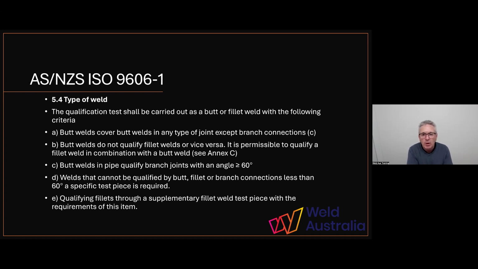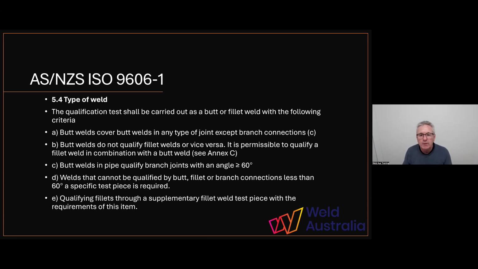Butt welds in pipe qualify branch joints at any angle greater than 60 degrees. Welds that cannot be qualified by butt, fillet or branch connections less than 60 degrees, a specific test piece is required. Qualifying fillets through a supplementary fillet weld test piece with requirements of this item.